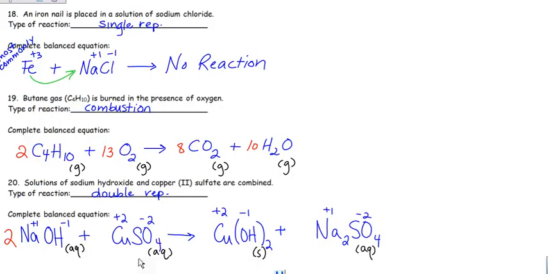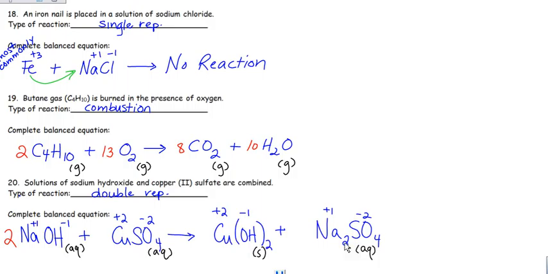They both must be aqueous, meaning that they're both willing to let go of their current partner and make a new combination of products. You can either switch the positive sodium and the positive copper, or you could switch the negative hydroxide and the negative sulfate. It doesn't matter what order you write your products. But I do need to be very careful with my charges.